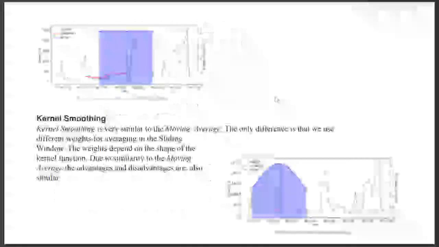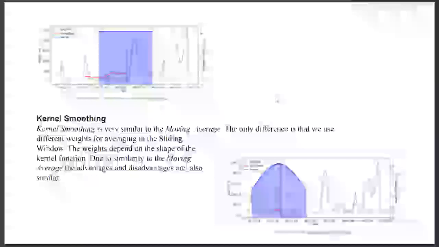Okay, so now there is the second concept, smoothing. The kernel smoothing is similar to the moving average, and here you see the window is similar.